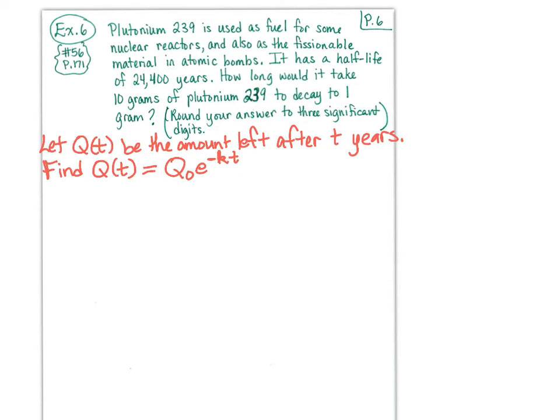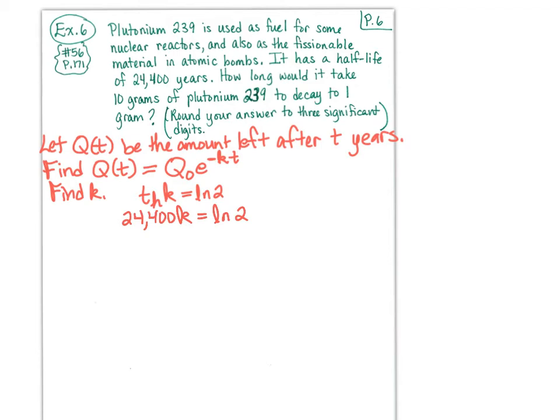First we have to find K. To find K, we're going to use the way we relate the half-life and the decay constant K. Well, that's equal to the natural log of 2 from the previous page, and we're given the half-life. We see that plutonium-239 has a half-life of 24,400 years. So T sub h, which is our half-life, is 24,400. We're going to multiply that by K, and that's going to be equal to the natural log of 2.